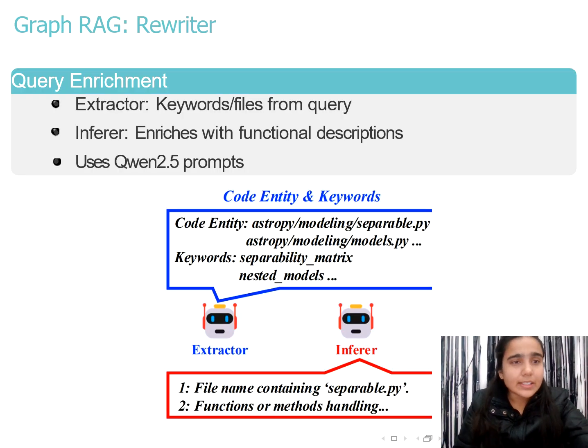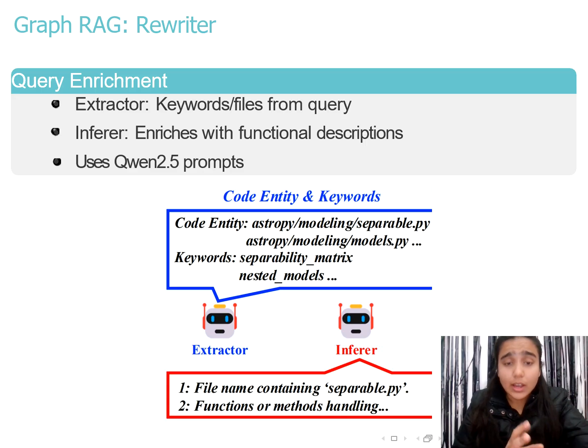Our CGM is a four-step pipeline, as I said earlier. It starts with the rewriter. The rewriter has two components, the extractor and the inferer. The extractor extracts the prominent or important keywords and files from the query.